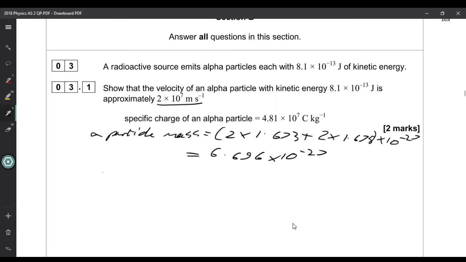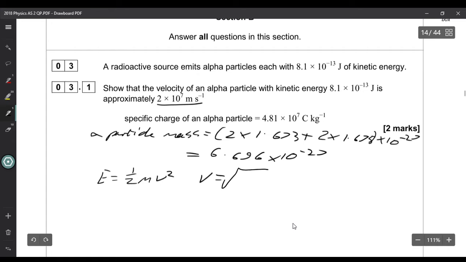So we know that E equals half mv squared. So v equals root 2E over m.